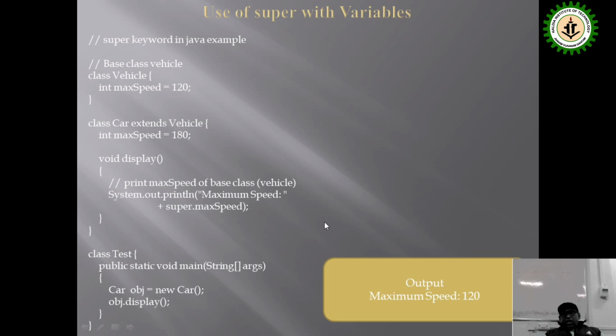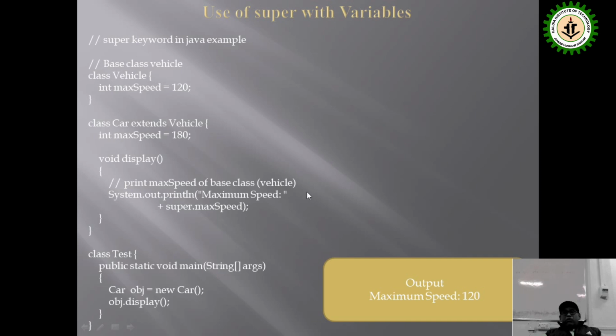But here I use super.maxSpeed, which refers to the parent class variable, the instance variable of the parent class.